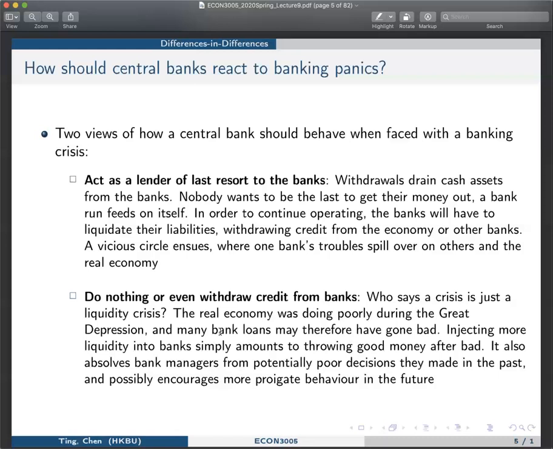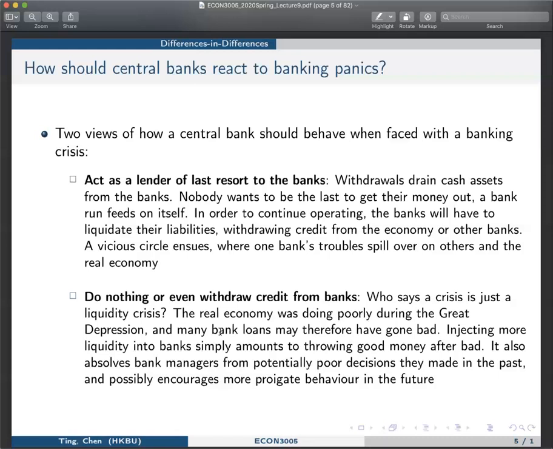For example, during the Great Depression, the real economy was doing poorly, and many bank loans may therefore have gone bad because they had invested in bad firms, bad companies in the real economy. So if you inject more liquidity into the banks, it simply amounts to throwing good money after bad.